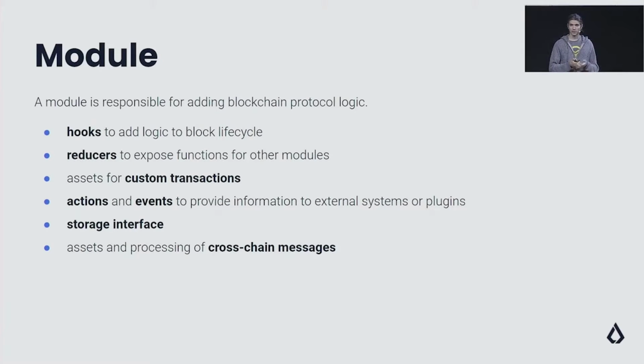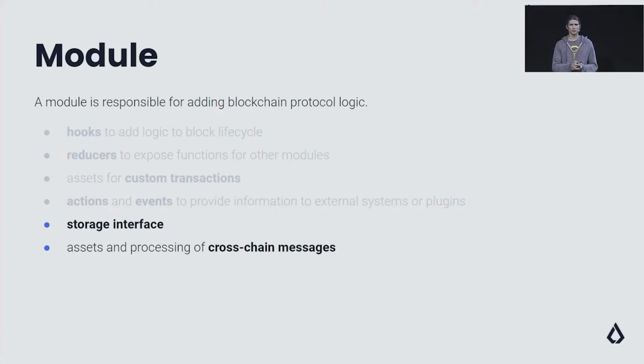They define the assets for custom transactions, where all the custom logic defined by the developer happens. They define actions and events that are used to provide information to external systems and plugins. And finally, these last 2 points, which are the novelties that are coming with the new SDK, each module will define a storage interface and the assets and processing for cross-chain messages.